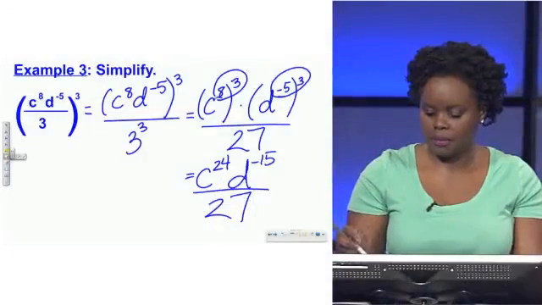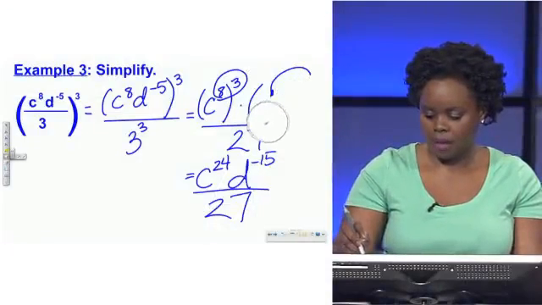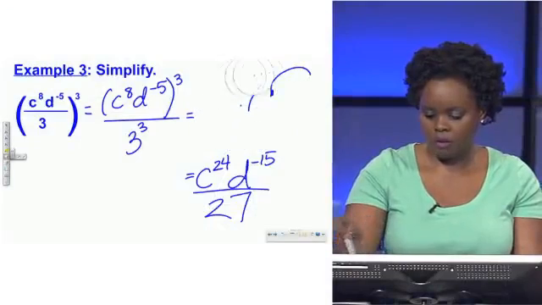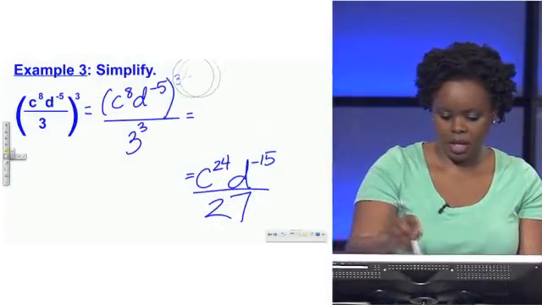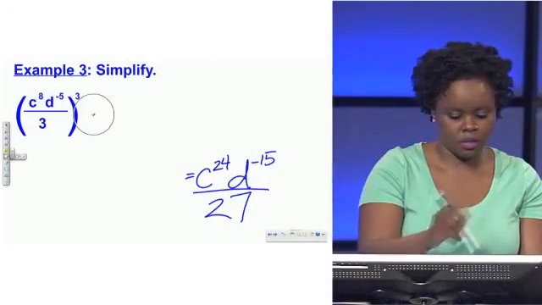Let me shift a little work around here, get some more space. Okay, so since we've already taken this problem from this step to this step, I'm going to get rid of this up top so we can focus on where we are right now. And I think I'll also get rid of that.